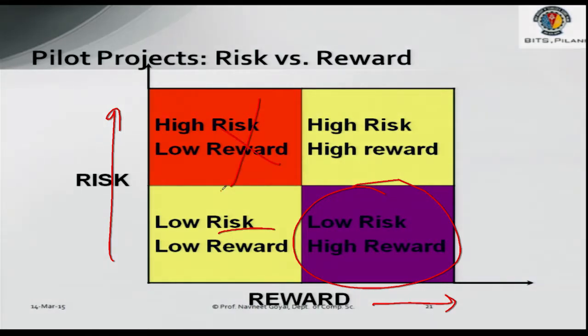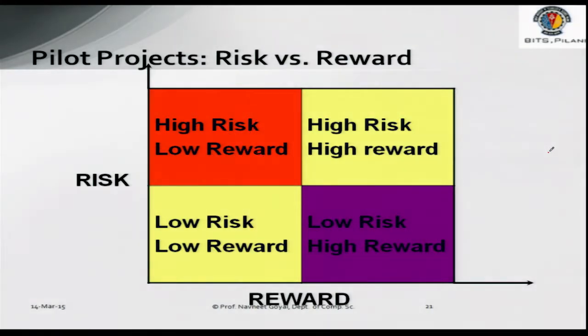Let me clear the annotations and use some other color. I would definitely want to be in this quadrant because the risk is low but the rewards are high. At the same time I don't want to be in the high risk, low reward quadrant.